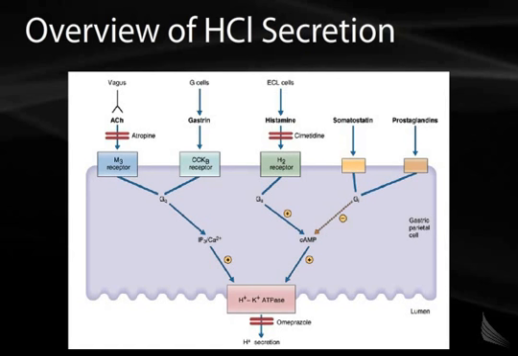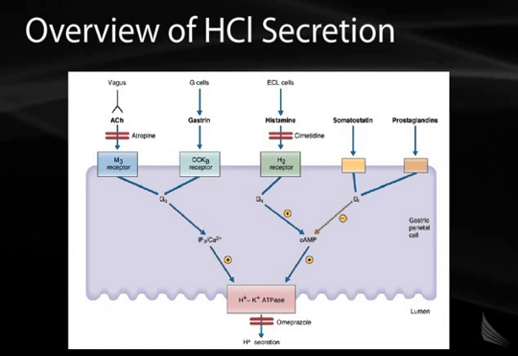Stimulation of the vagal nerve results in acetylcholine secretion. This acts via the M3 muscarinic receptor, activates secondary messenger systems via IP3 and calcium, and results in acid release. In the same way, gastrin is released from G cells and acts on the CCKB receptor.